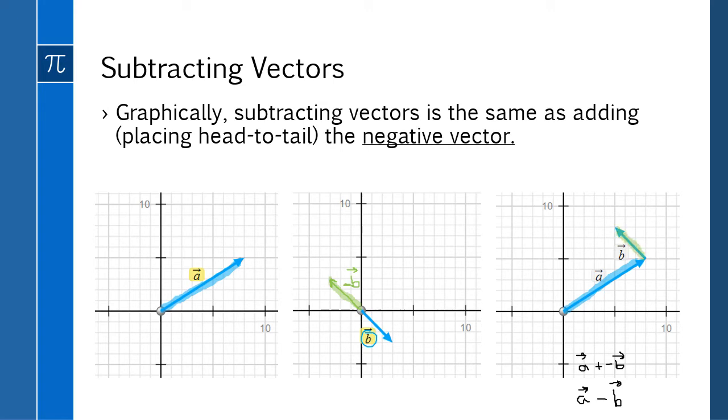That would be vector negative B. And then the difference of these two would be from the start of the first one to the end of the last one. This right here would be the length and directionality of vector A minus B. So graphically speaking, subtraction is the same as adding a negative.